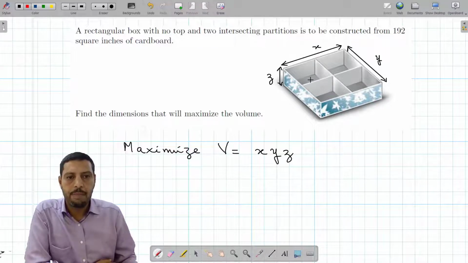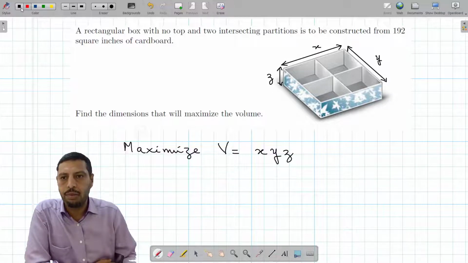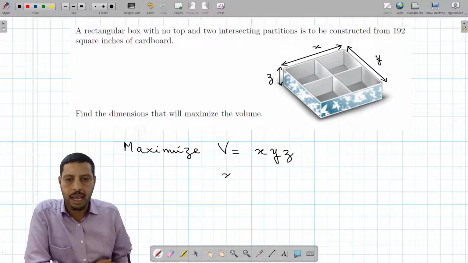We have the bottom surface, which is equal to x times y. So if we want to write the surface of this box, we're going to write it as x times y, which represents the bottom of the box, plus, and here we can see that we have three sides which are equal.